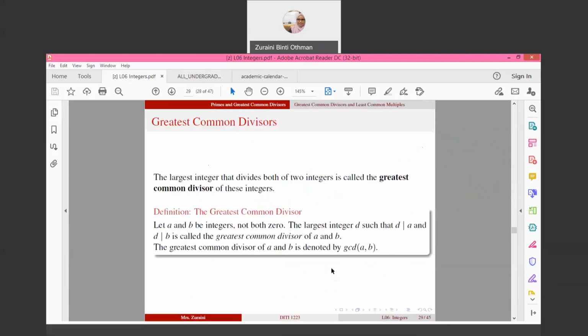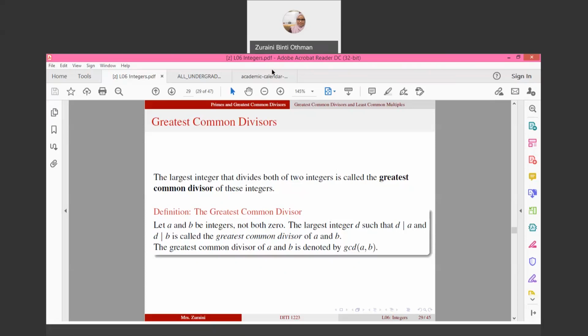Okay, so now next is greatest common divisor. Okay, the largest integer that divides both two integers equals the greatest common divisor of these integers. What is the greatest common divisor? Let a and b be integers not both 0. The largest integer d such that d divides a and d divides b is called the greatest common divisor.